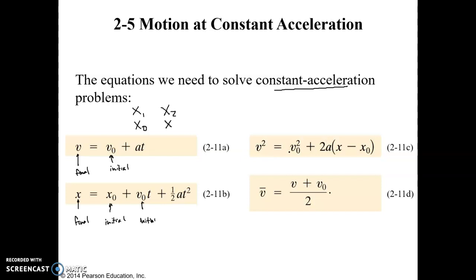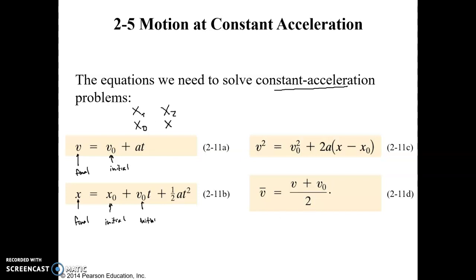Final velocity squared equals initial velocity squared plus 2 times acceleration times final position minus initial position, and the average velocity is equal to the final velocity plus the initial velocity divided by 2.